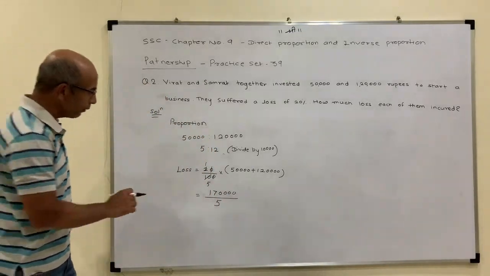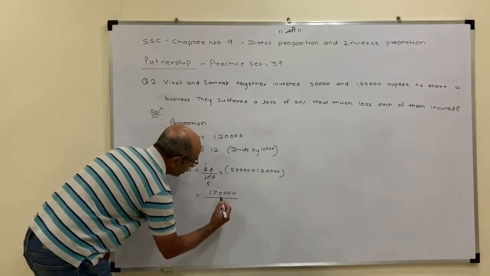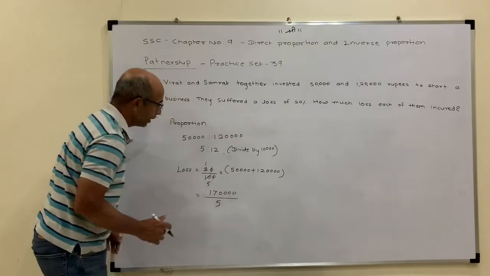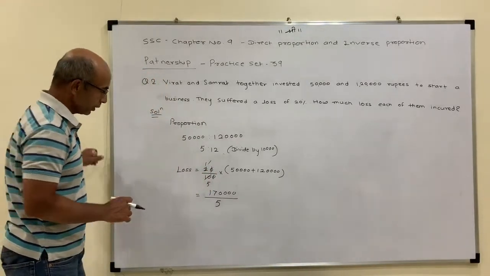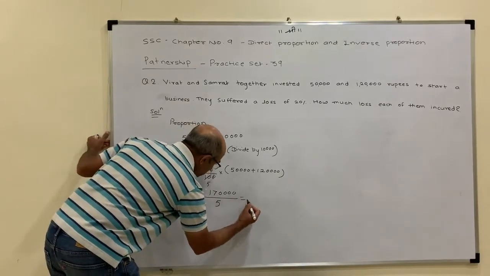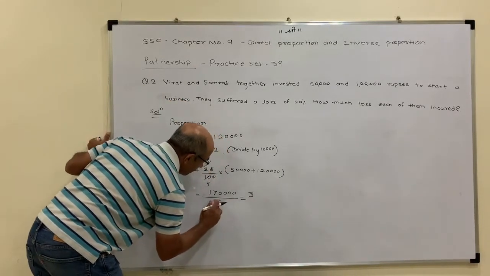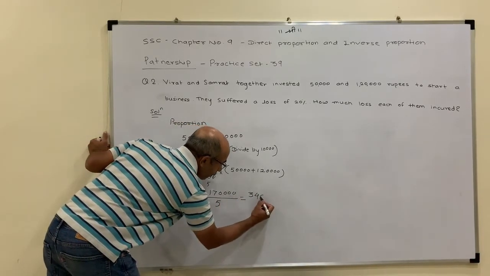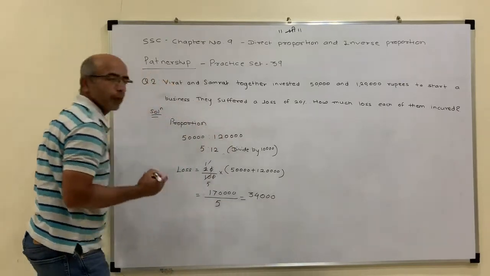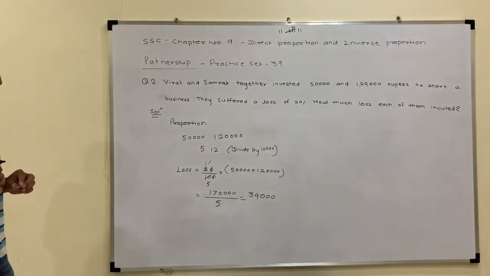You can do either of this, or you just keep 2 here, whichever you want, to simplify. I did it: 21, 5s are 100. So now the loss amount will be 5 3s are 15, 5 4s are 20, and then 1 2 3. Yeah. So my loss amount is 34,000.